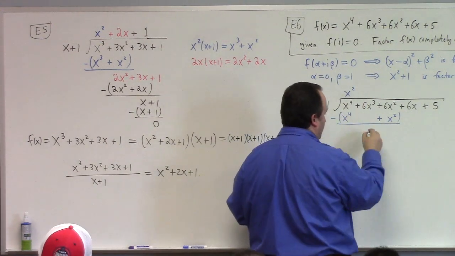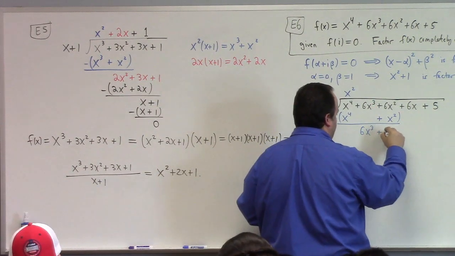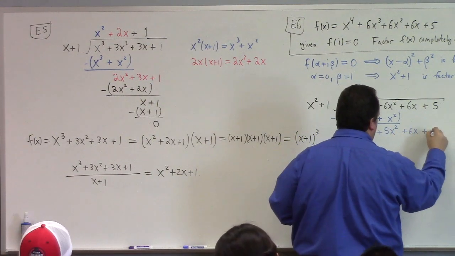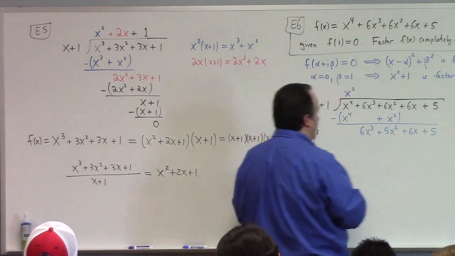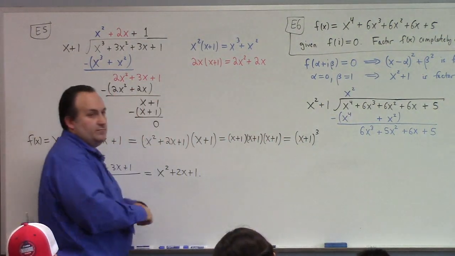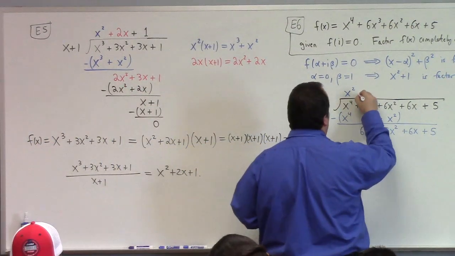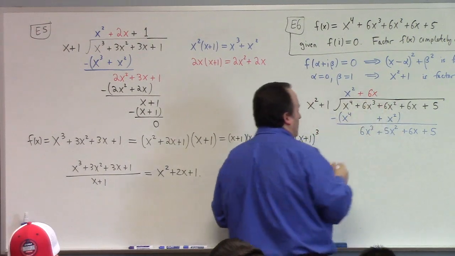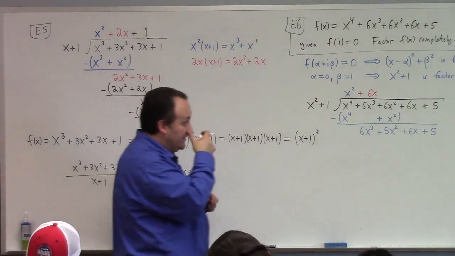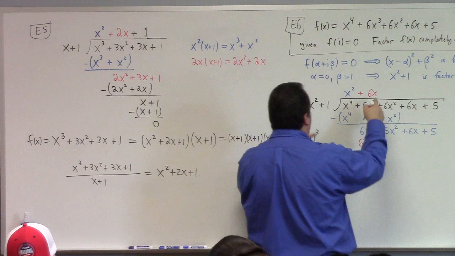Let's see here. So that gives us a 6x cubed plus 5x squared plus 6x plus 5. All right. Next up, plus 6x. So 6x times x squared plus 1 gives me 6x cubed plus 6x.